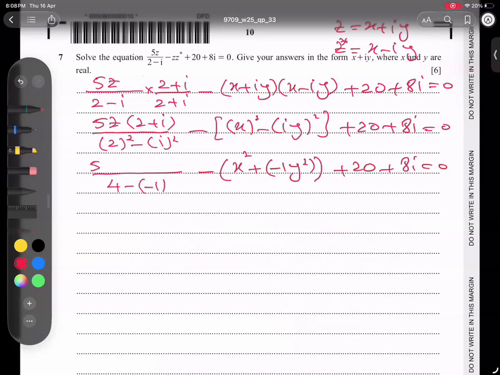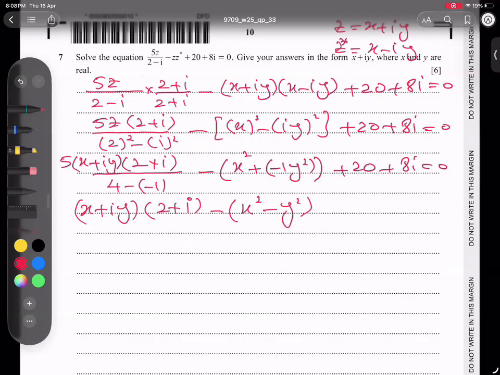So 5z and 2 plus iota. This is 5 and 5 cancel out, and the z value I can replace now better. Z is x plus iota y. So 5 cancels out, and I get x plus iota y times 2 plus iota, minus x squared, negative y squared, plus 20.